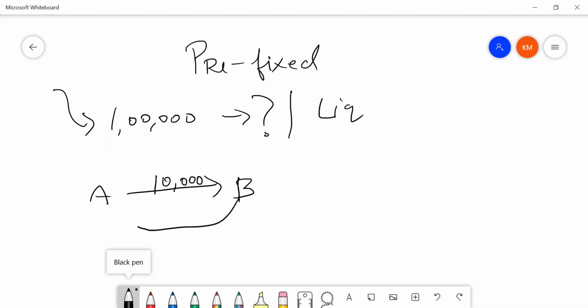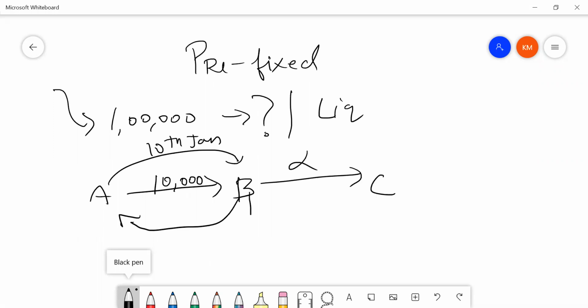A has to deliver the goods to B on 10th of Jan. Because A is not delivering the goods on 10th of Jan, B is not able to sell it to C. So B is suffering a loss of how much? Let's say he is suffering a profit loss on this 10,000. He would have sold it to C for 15,000 rupees. He will suffer a loss of 5,000.